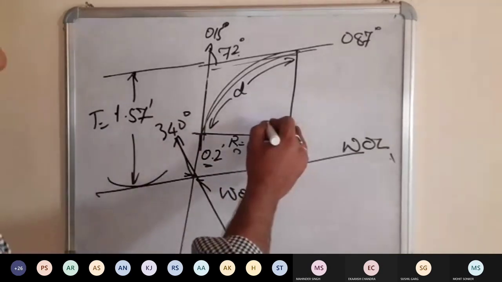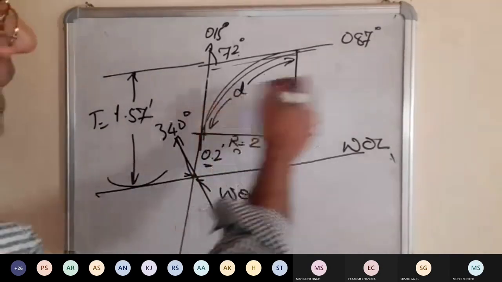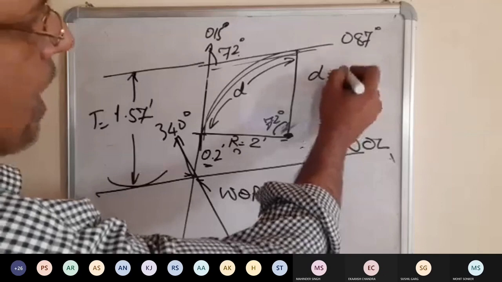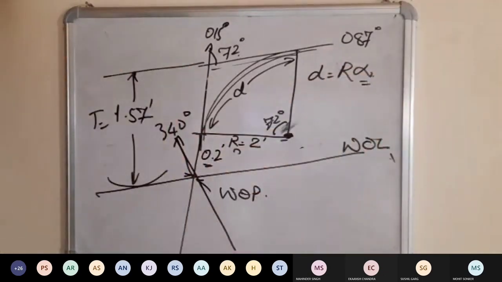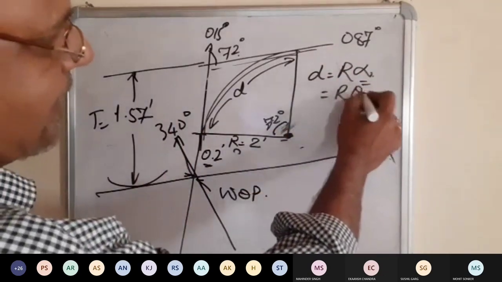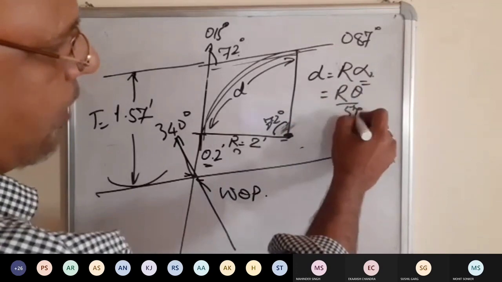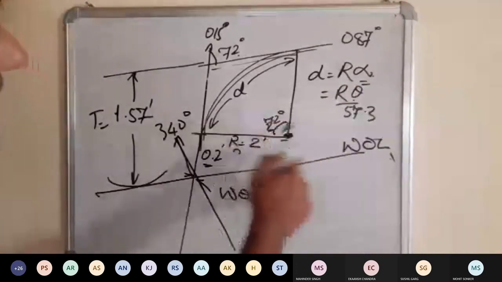We know that this is 72 degrees. So D is equal to R alpha, where alpha is in radians, remember yesterday's derivation, or this is equal to R into theta by 57.3, theta being 72 degrees.